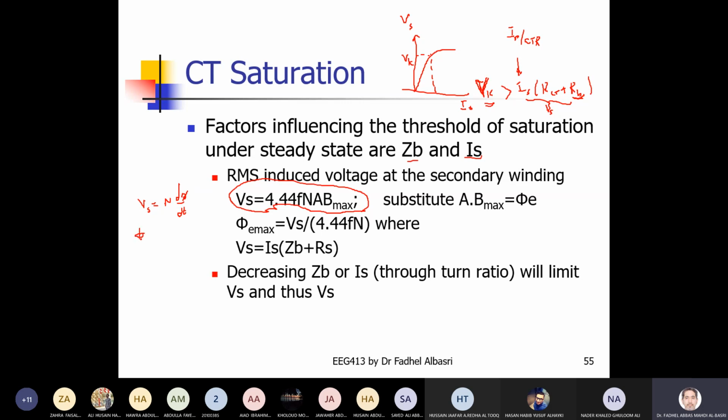Now phi is equal to phi maximum sine omega t. If you take the derivative of that, I will be able to find that Vs, an instantaneous value now, is equal to N phi m omega cosine omega t.